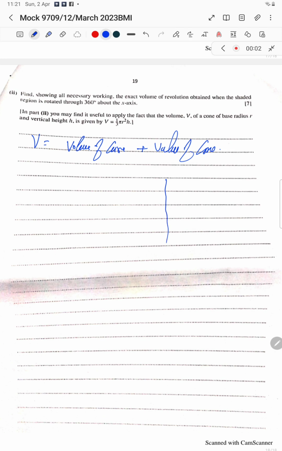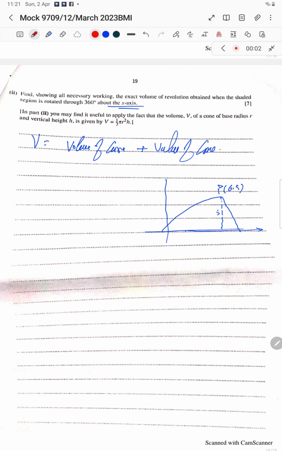I can sketch a rough curve here. It will look like this. Here is P, and here is the line Q. This is about the x-axis, because it is going to rotate 360 degrees about the x-axis. Because this was 6 and 5, this is 5.